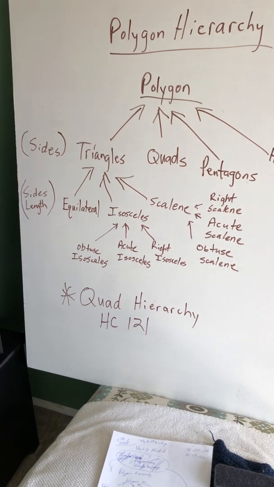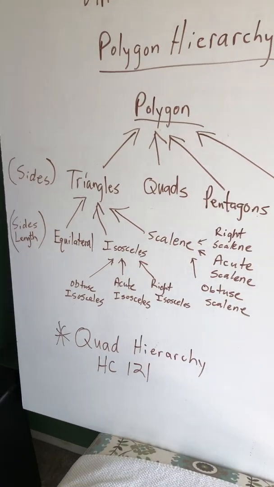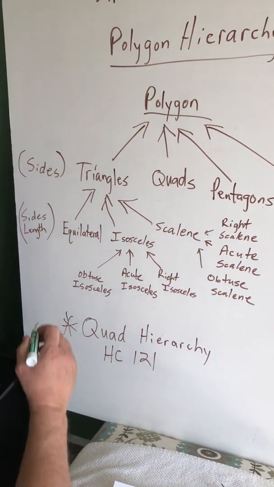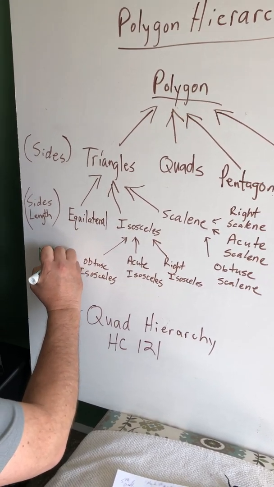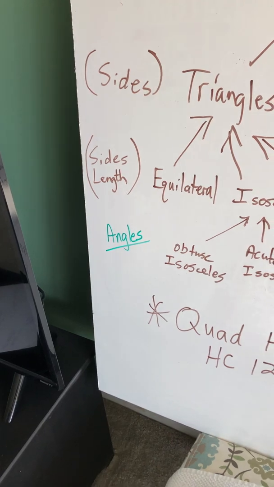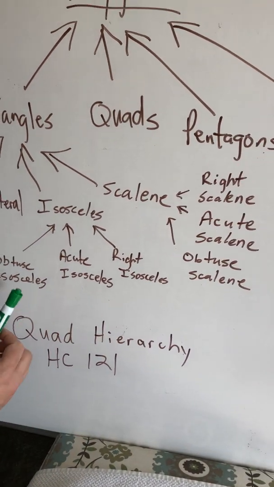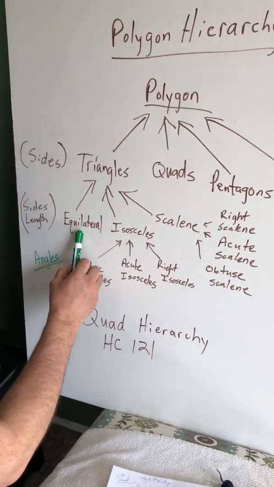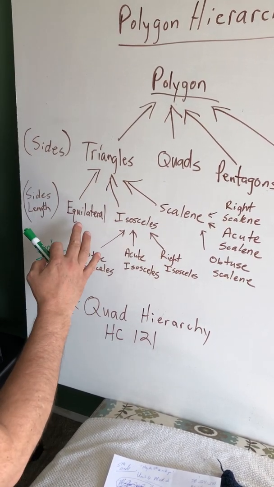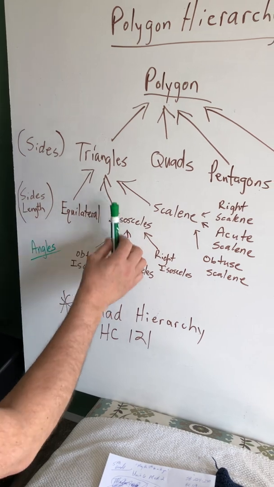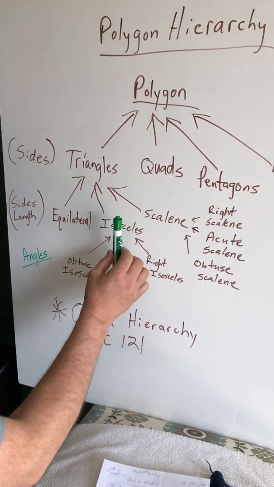Notice the arrows are going up, okay? And I forgot to put angles. The other way we can look at triangles is the angles themselves. So here, when we make an equilateral, it's got acute angles. I didn't put that because the book didn't put it, but let's look at isosceles.